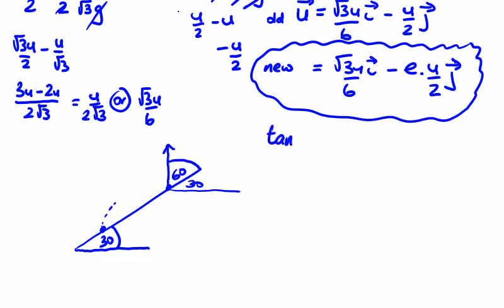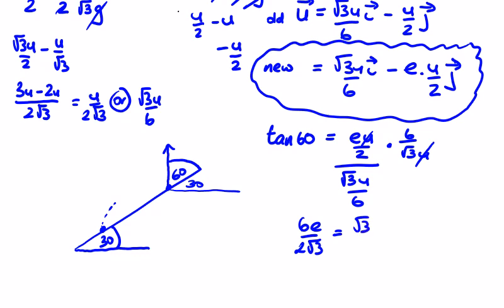So we can say the tan of 60 is equal to j over i. Actually, let me just see here, it's equal to minus e, isn't it? It's equal to e u over 2 over root 3u over 6, which if I bring it up and multiply by 6 over root 3u, I get 6e over 2 root 3 equals the tan of 60, which is root 3.